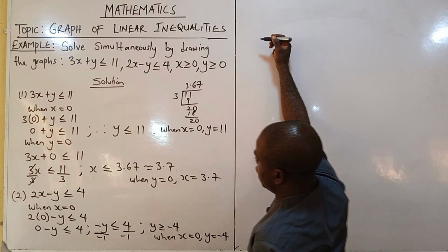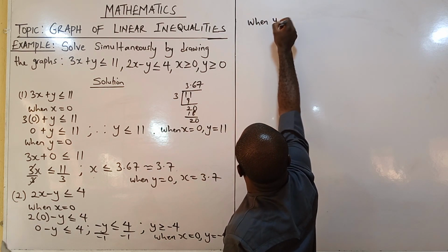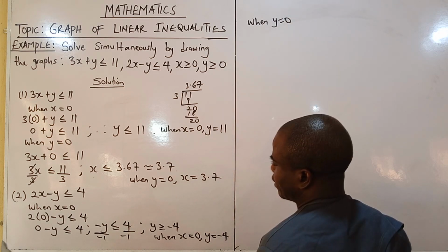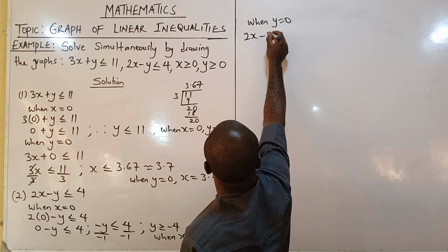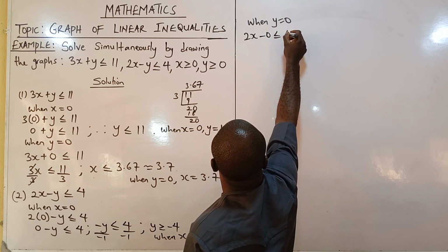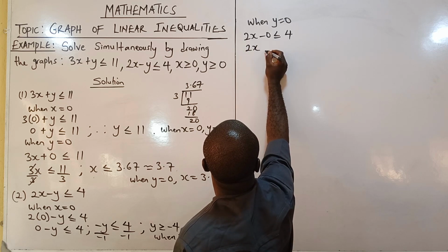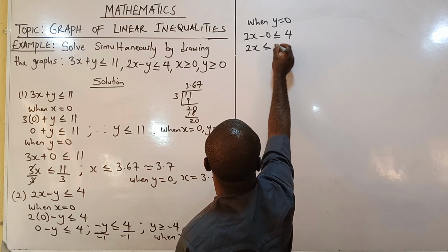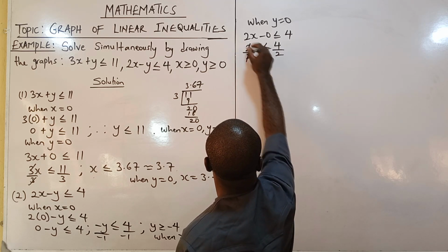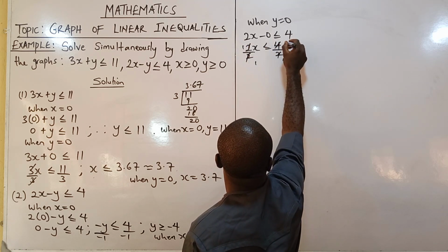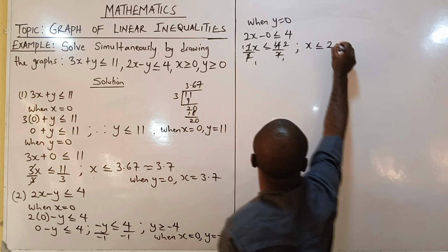Okay, let's see when y equals 0, what will be our x? We have 2x minus 0 less than or equal to 4. 2x minus 0 is 2x less than or equal to 4. Divide both sides by 2. x is less than or equal to 2.